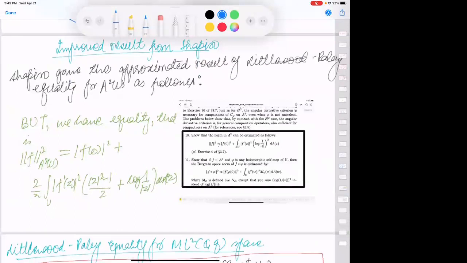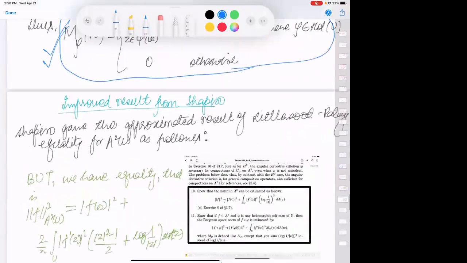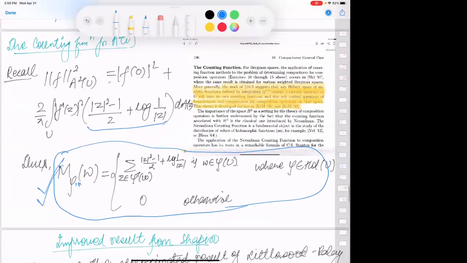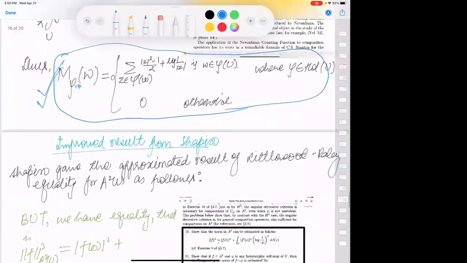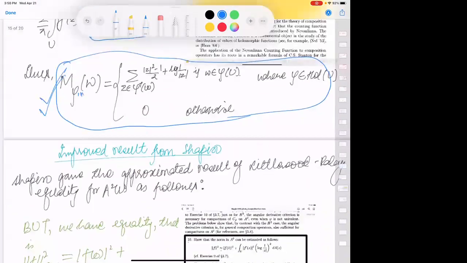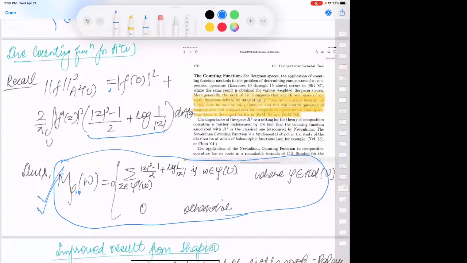From problem 10 to problem 11, when you do the composition operator, this N phi is going to be the Nevanlinna counting function for Bergman. So I think the counting function for the Bergman norm should be this thing, because I have the equality instead of the approximation present in problem 10 for Bergman from Shapiro, and from his statement also from this counting function on page 196.